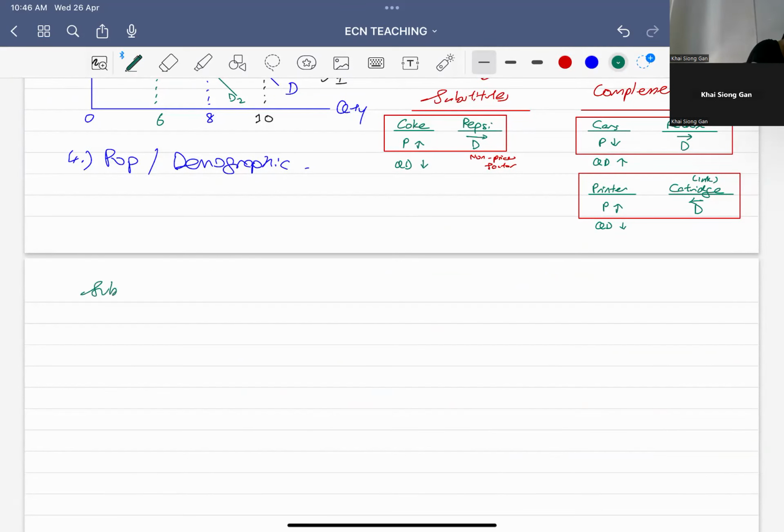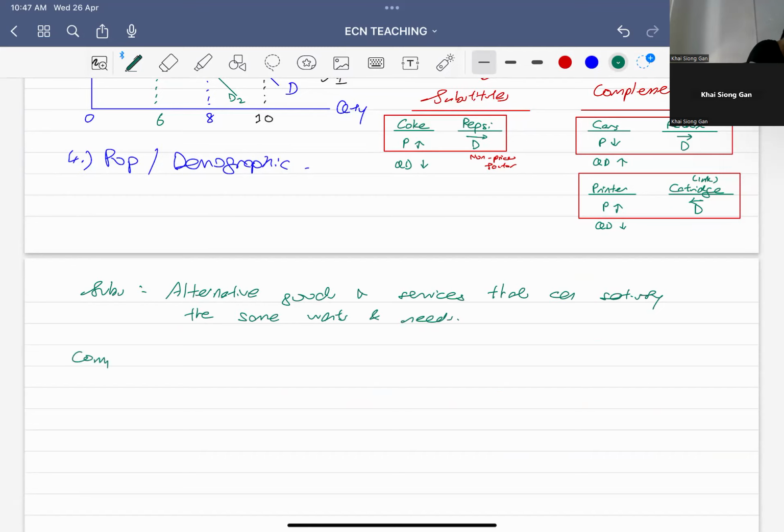Substitutes: alternative goods and services that can satisfy the same wants and needs.